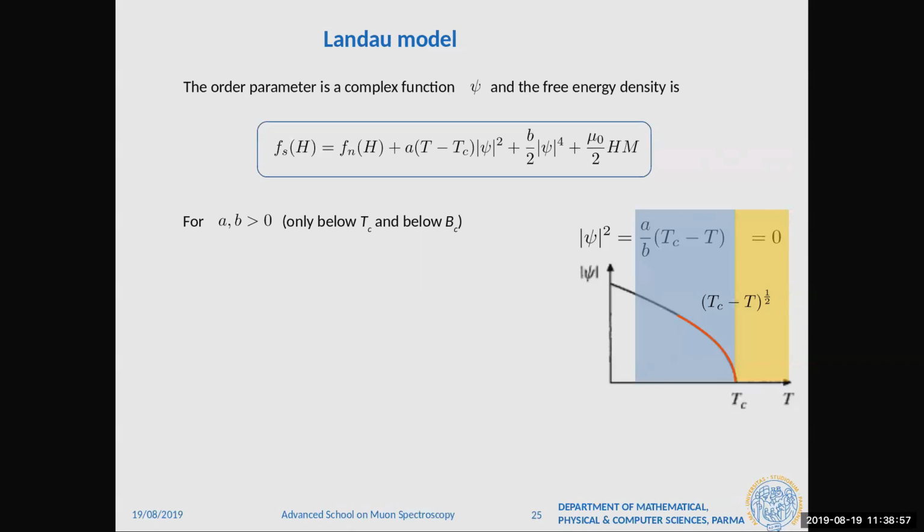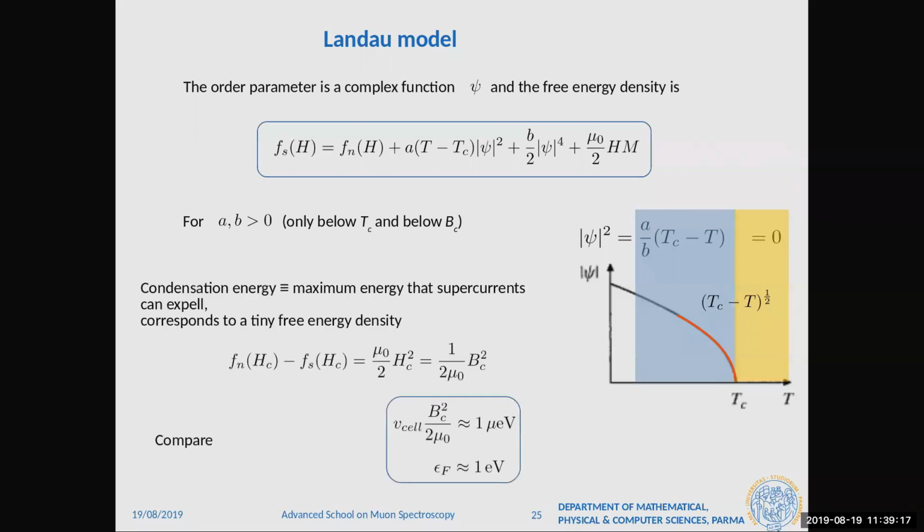This is mean field, so it always gives rise to this kind of order parameter, which is proportional to (Tc minus T) to the 1/2, the mean field critical exponent, and is 0 above Tc and different from 0 below, right? And it's a second order phase transition like this.